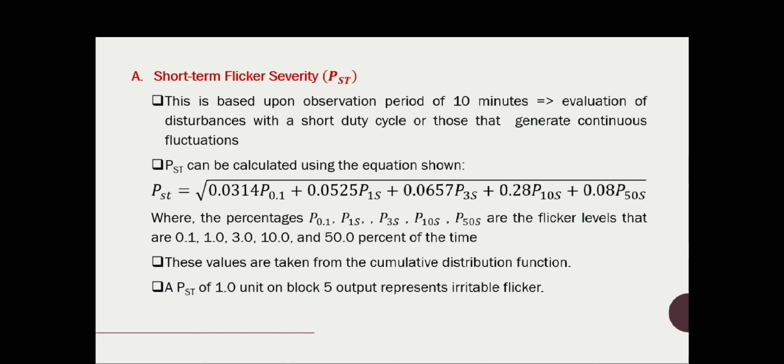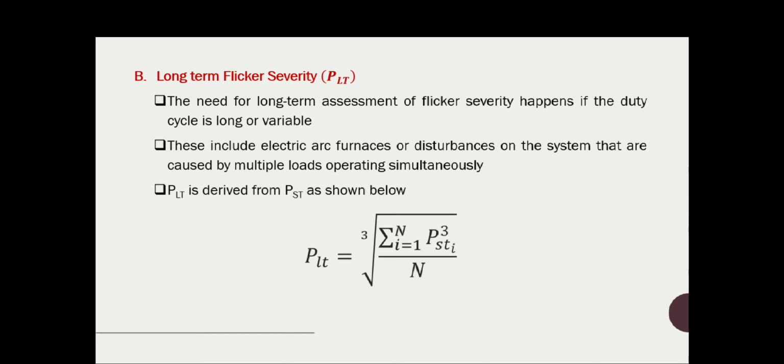And these values are taken from the cumulative distribution curve discussed previously. So a PST of 1 on the output of block 5 represents the objectionable or irritable limit of flicker. So that is one of the measurements of short term flicker severity.